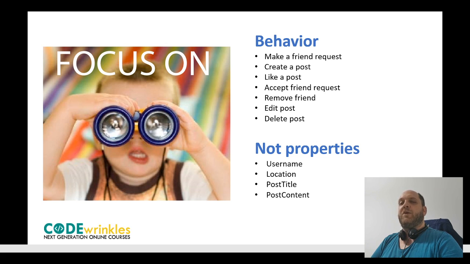Okay, what properties does the user have? It has a username, location, a post title, post content, this type of properties. And then I would write a bunch of properties in my class. I would maybe add a constructor, maybe overload the constructor to take some input parameters. But then that would be mostly it.